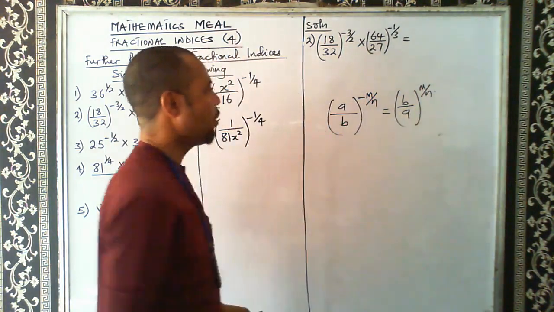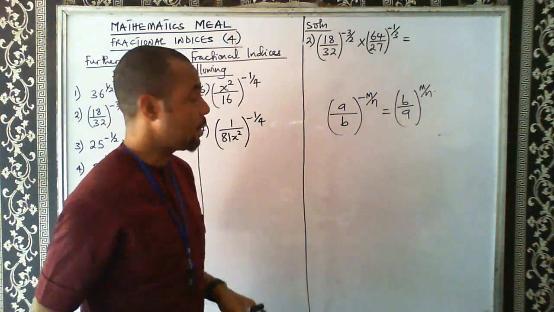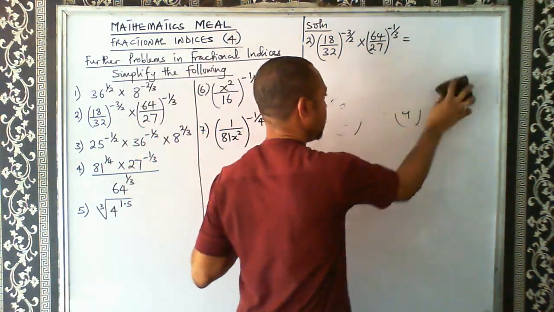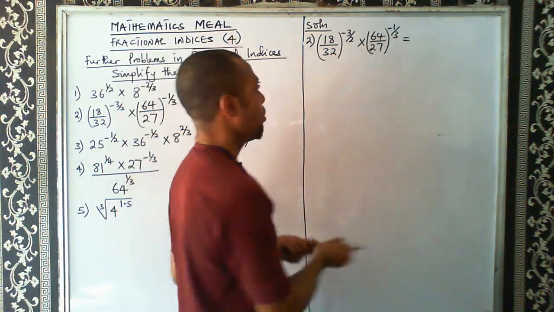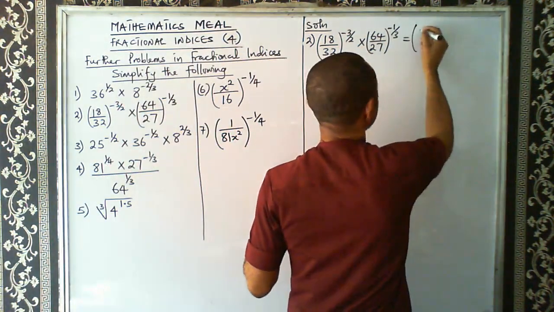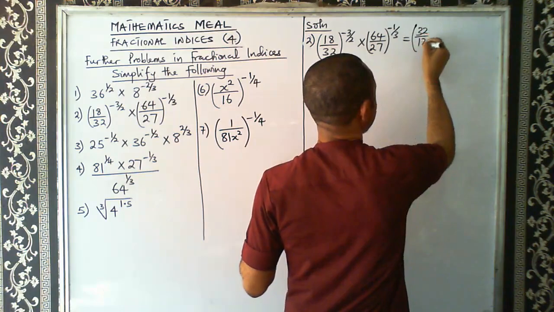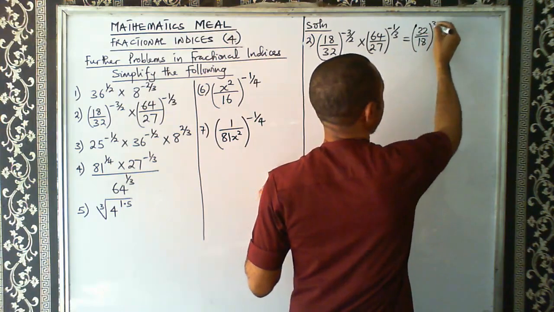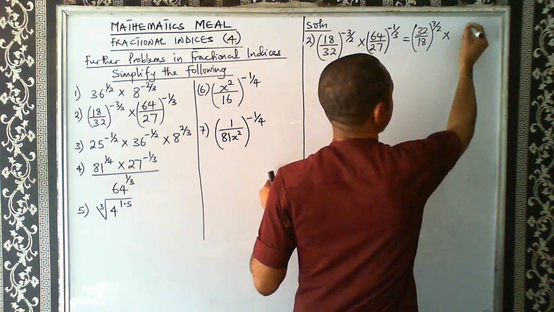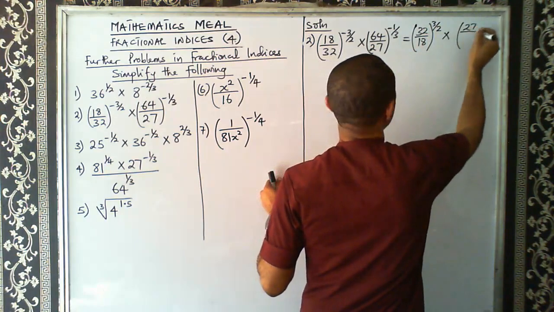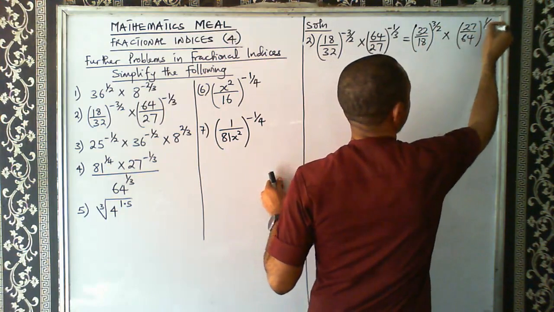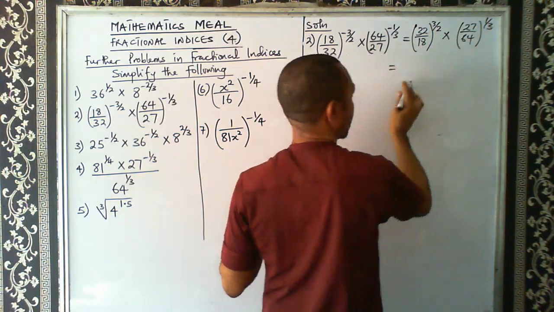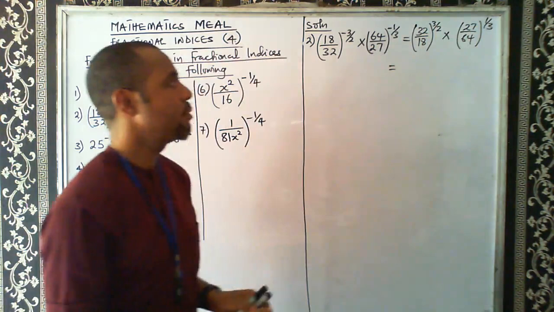You can see that we inverted the base, but it will not affect the power. The power remains the same. So I'm going to write this as (32 over 18) raised to power 3 over 2 times (27 over 64) raised to power 1 over 3. So I've removed the negative sign.